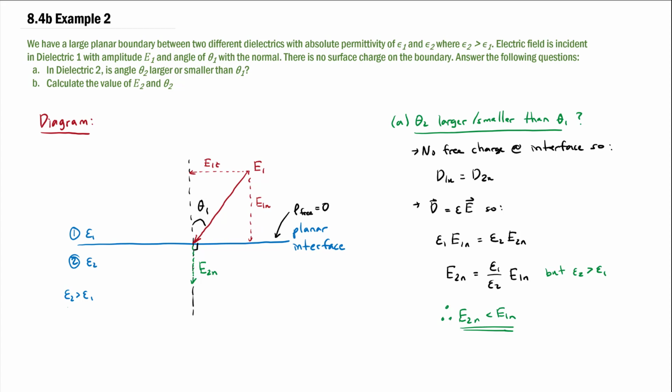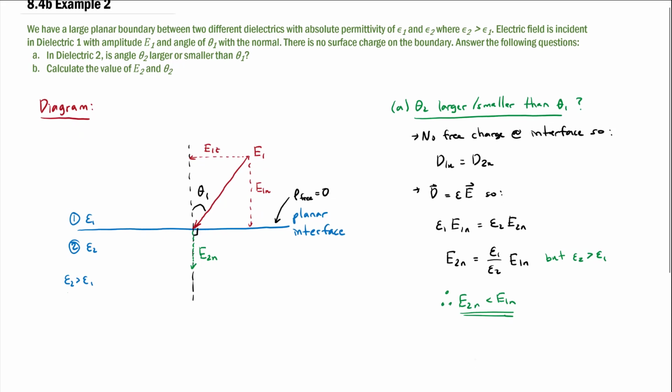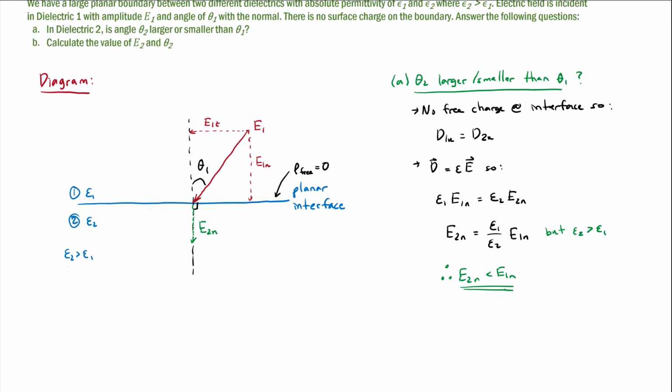We should probably do an analysis for E1t and E2t as well, but for the tangential boundary condition, we know that at the boundary, E1t is equal to E2t.